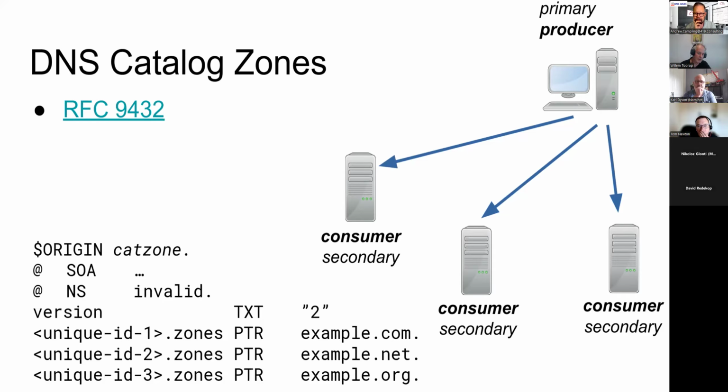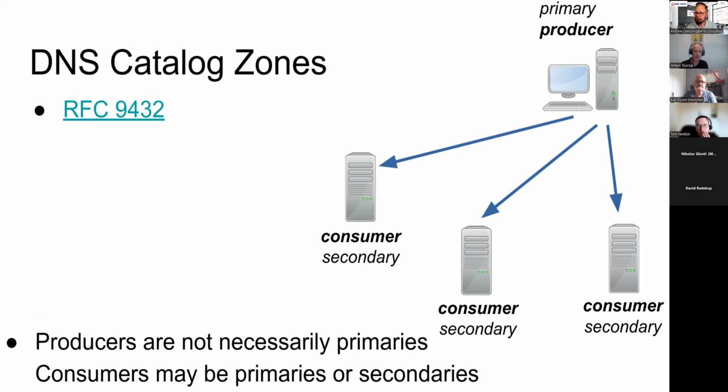A producer is always the primary of a catalog zone, and a consumer is always the secondary of a catalog zone. But for the member zones within the catalog, the consumer doesn't necessarily have to be the secondary. It could also be the primary.